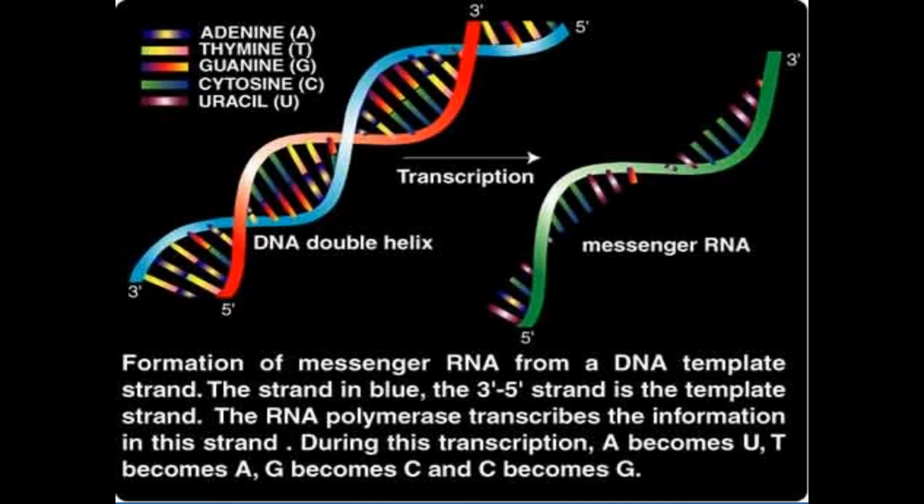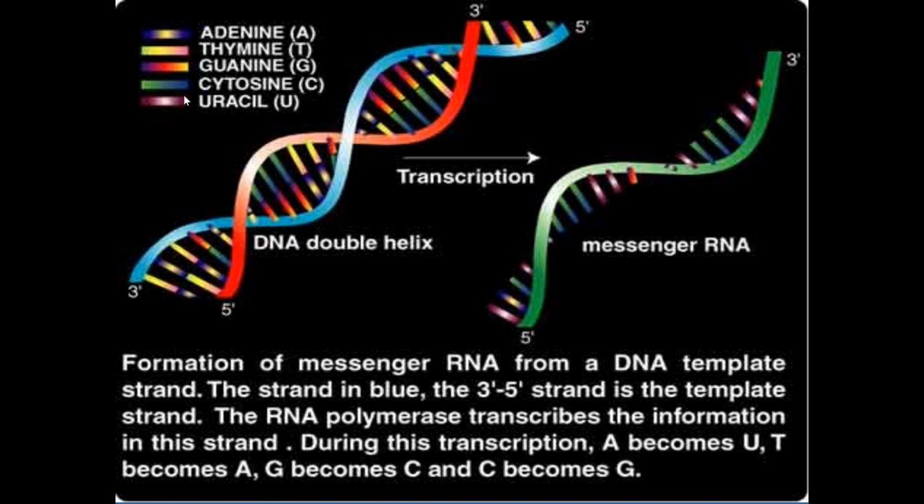So here is an actual depiction of the DNA, which is the double helix. You could see it has the blue sugar base and the red one. And transcription is basically turning this into this, a single-stranded messenger RNA.